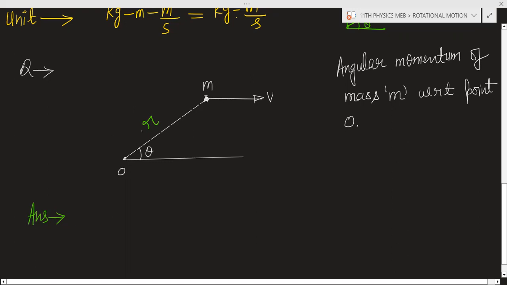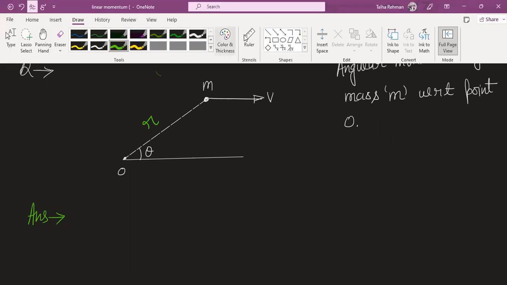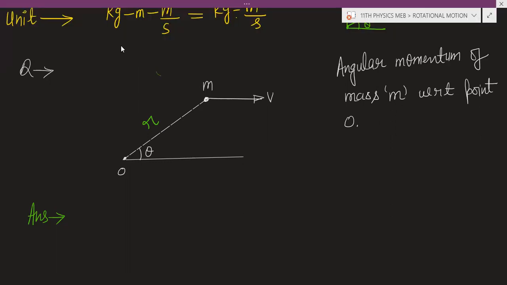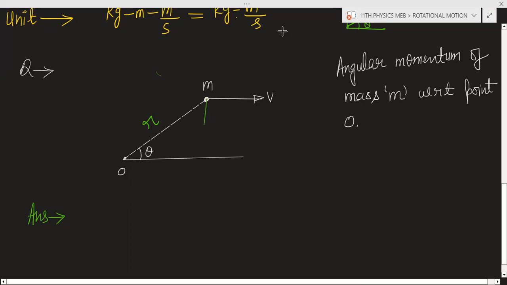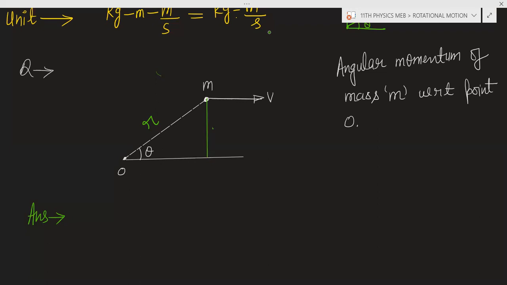Either you should take the perpendicular component of r, or the component of velocity perpendicular to r. Here I am taking the perpendicular component of r. It will be r sine theta, and this will be r cos theta.